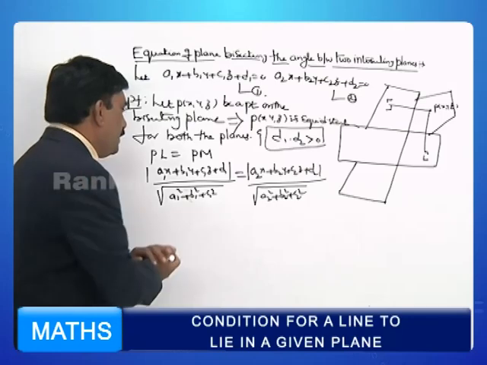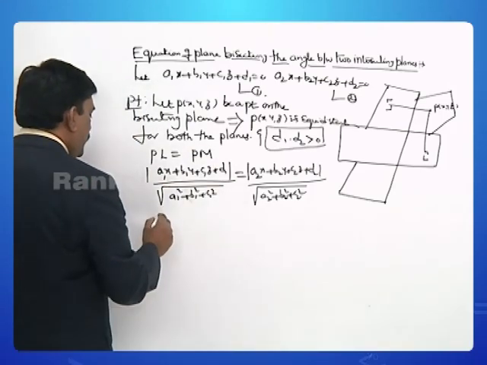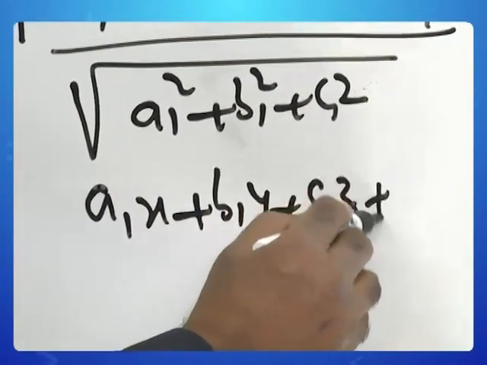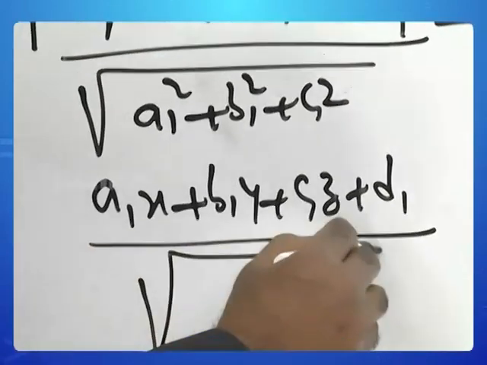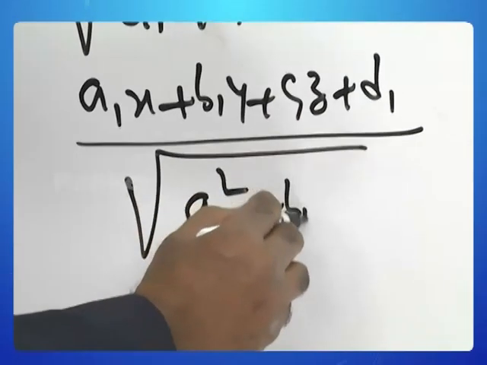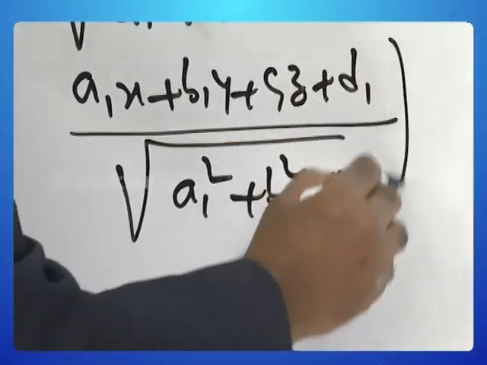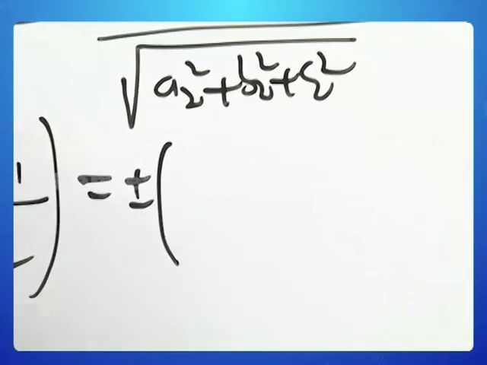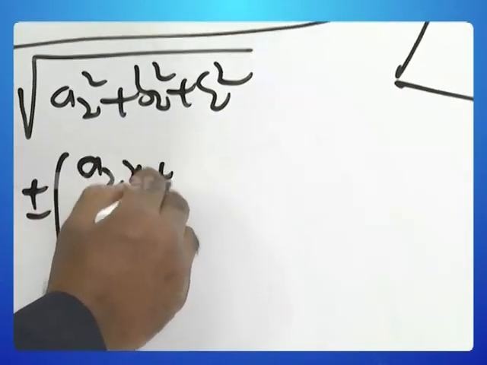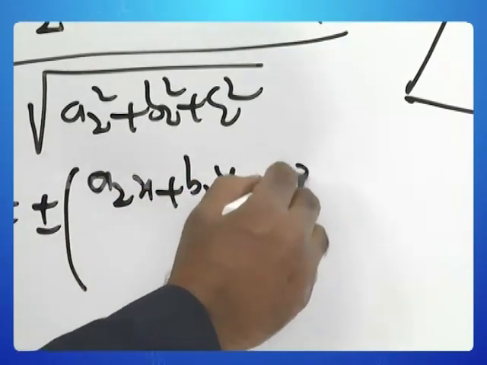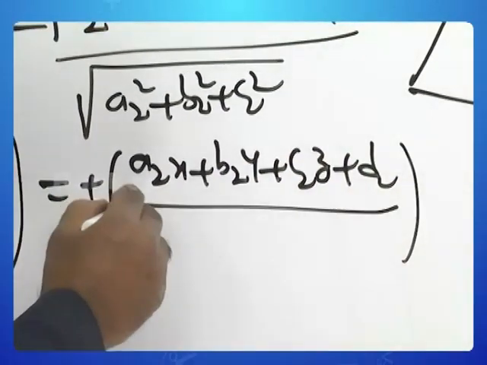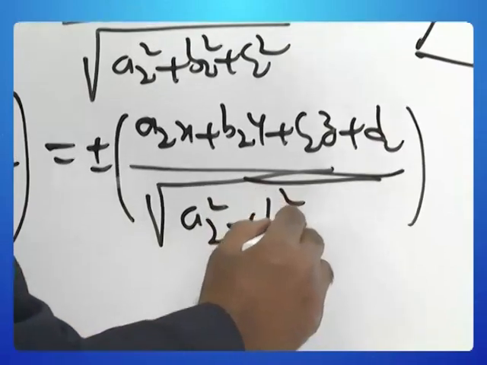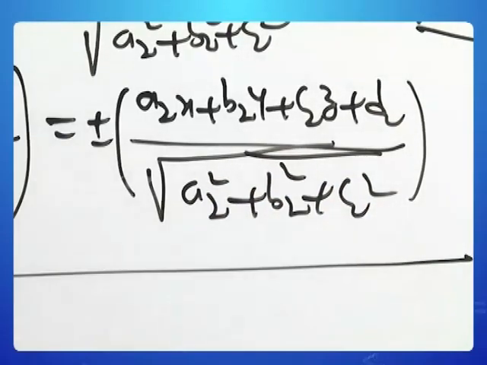So therefore, now what I do is remove the modulus sign. A1x plus B1y plus C1z plus D1 divided by the square root of A1 square plus B1 square plus C1 square is equal to plus or minus A2x plus B2y plus C2z plus D2, whole divided by the square root of A2 square plus B2 square plus C2 square.